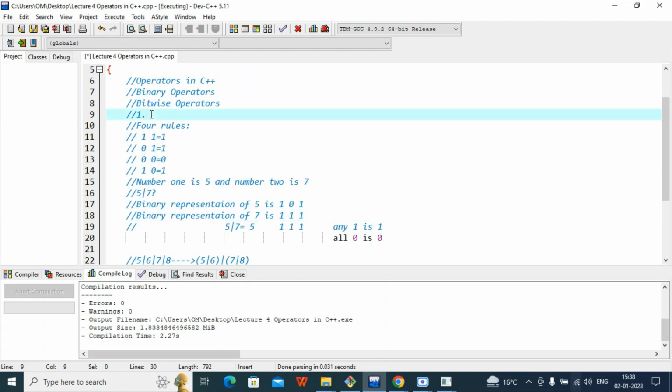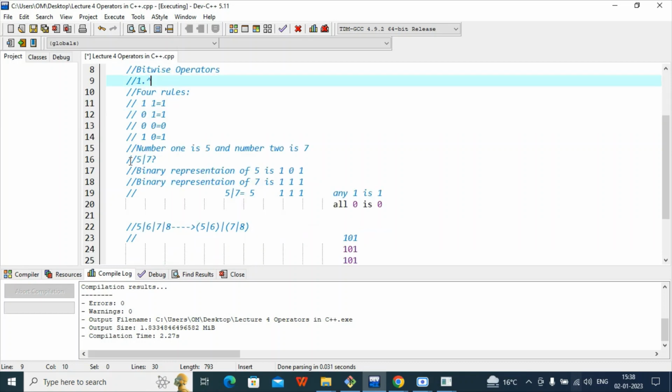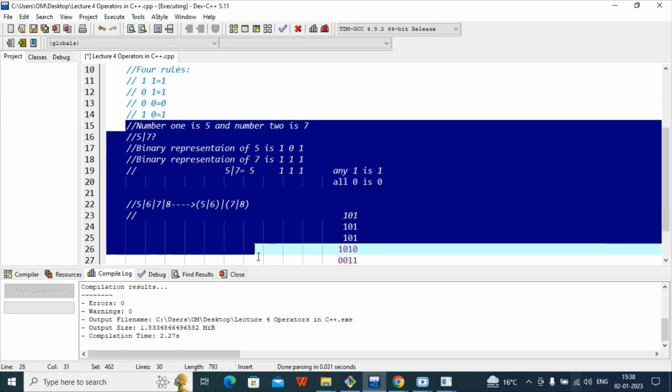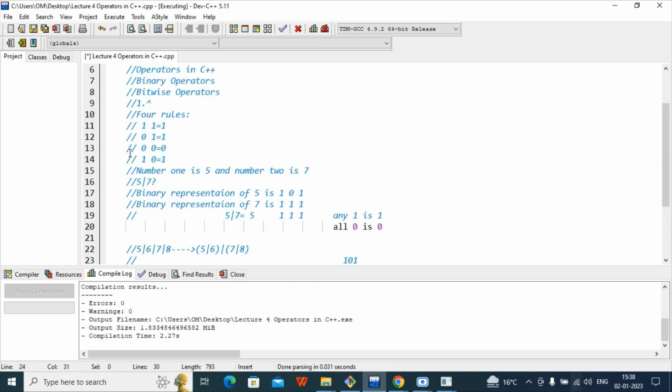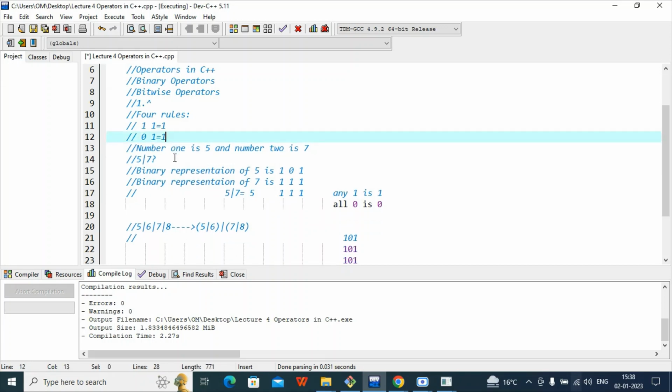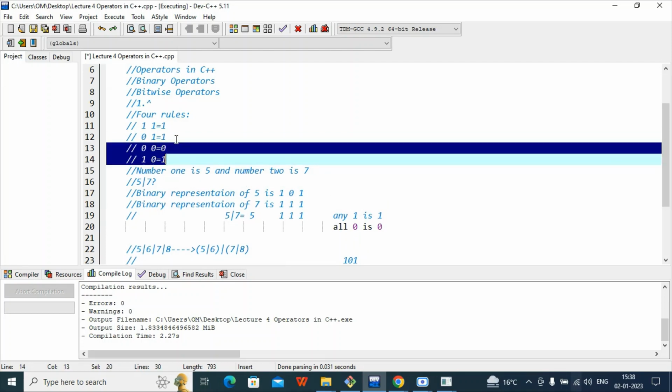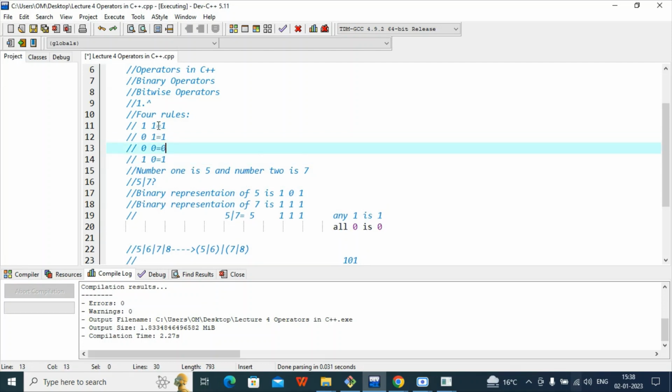The next operator is your XOR operator. Can I tell you good news? It has just a two-liner table. Oh, it has four lines only, sorry. But it is very simple. When both the bits are the same, the XOR operator will give you 0.